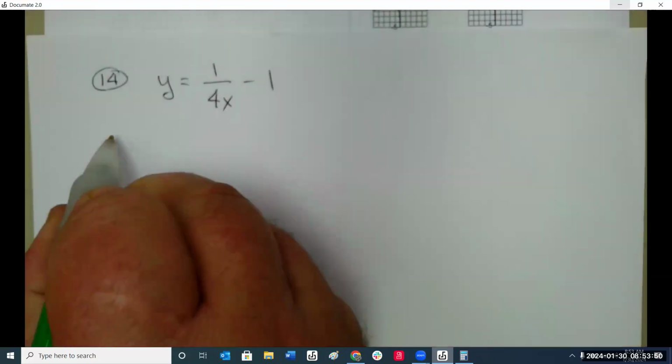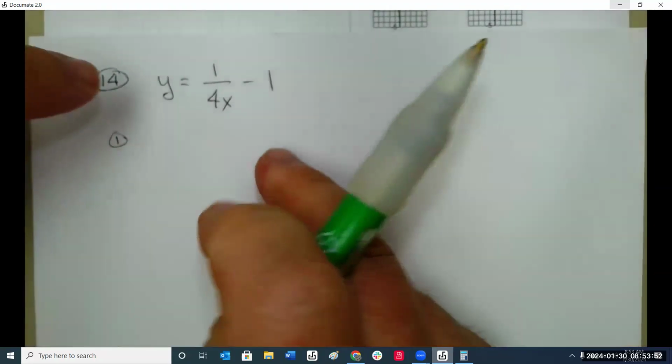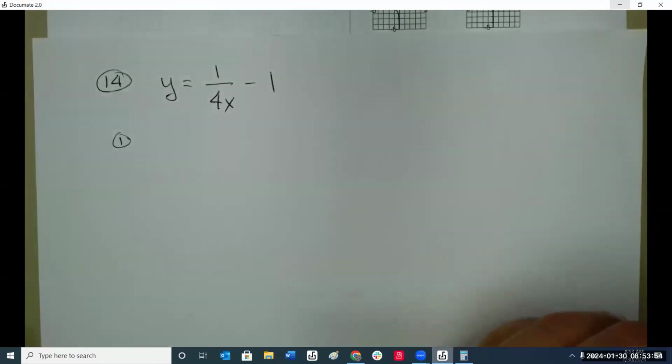So when we graph equations, the first thing you want to start off with is what is the basic function that this one deals with?